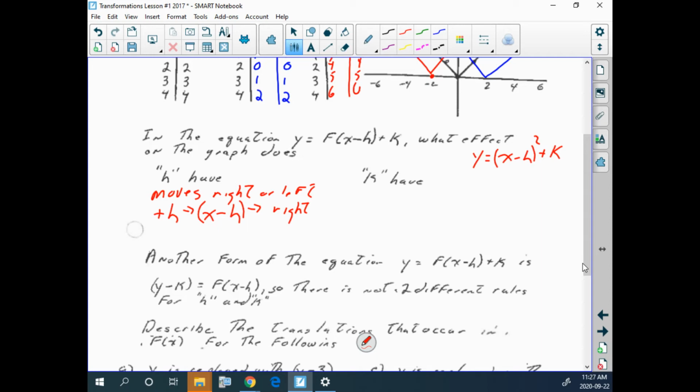If it's a negative h, this is going to give you x minus negative h, which we almost never put down. We write this as x plus h. And this moves it to the left. k moves it up or down.